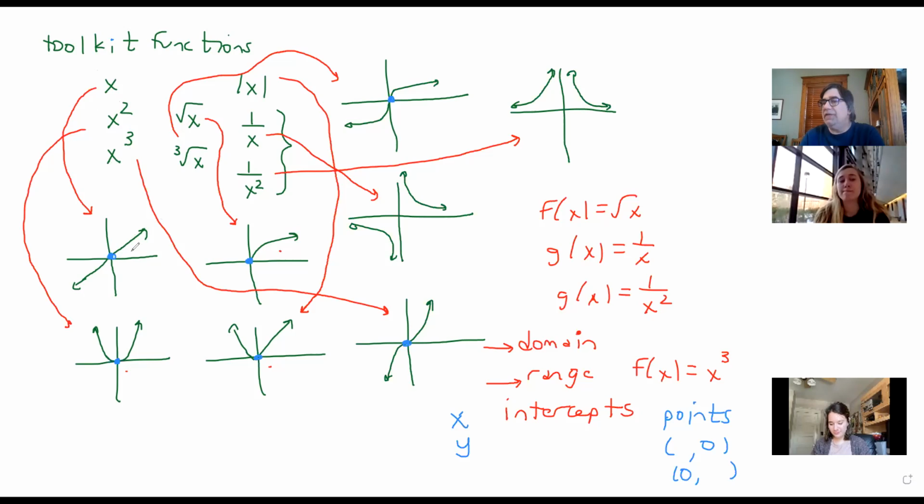So a new version of a linear function, a new version of the square root function, a different looking absolute value instead of one that looks like this. Maybe it's a little bit narrower. Maybe it's been moved left or right. Maybe it's been moved up or down. Maybe it's been flipped. So describing what's going on in relation to the basic toolkit function. We'll be doing that in section 1.5.